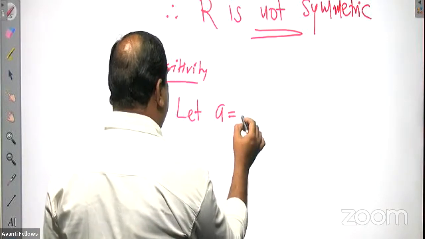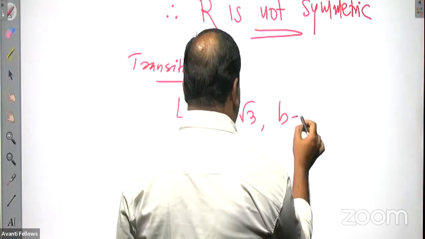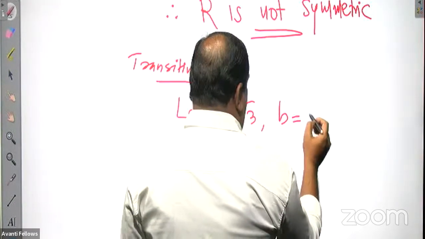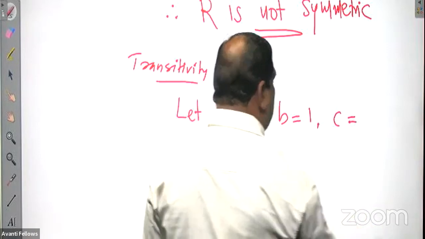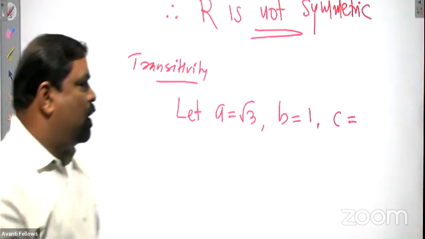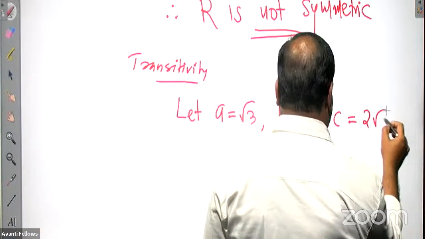Okay, let us take A is equal to root of 3, and B is equal to 1, and C is equal to 2 root of 3.